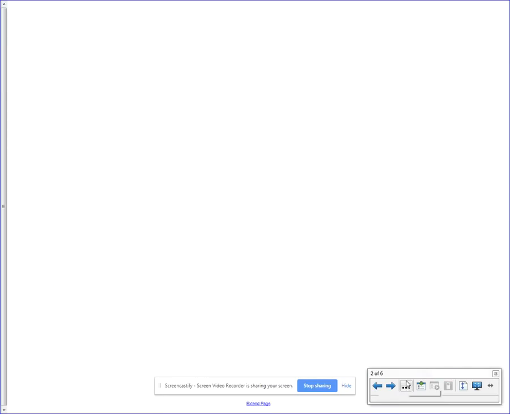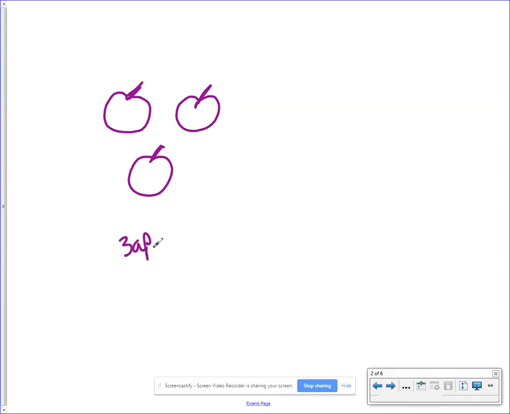Let's say I have 3 apples. This is going to look like a purple apple because that's the color I get on, and I'm too lazy to start changing my color. So I have 3 apples, and then let's say all of a sudden I have 2 carrots, right? Does that look like a carrot? It's kind of pathetic. People don't even buy carrots that have the greens and the tops anymore, do they?